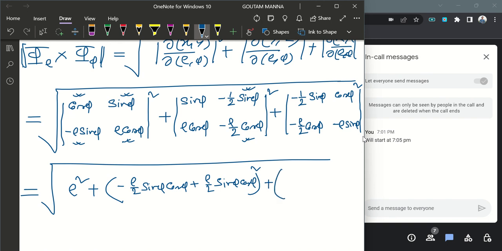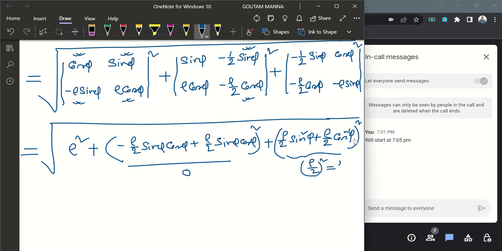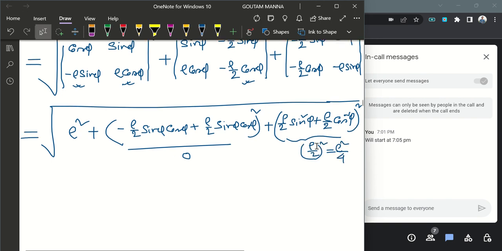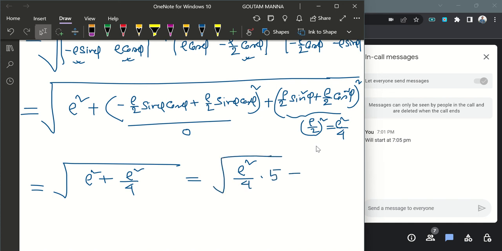And the last term is rho by 2 sin square phi plus rho by 2 cos square phi, square of that, so this term will be 0, this term will be rho by 2 square, which is rho square by 4. So basically we have rho square plus rho square by 4, which will be rho square by 4 times 5, and root of that will be rho by 2 times root 5.